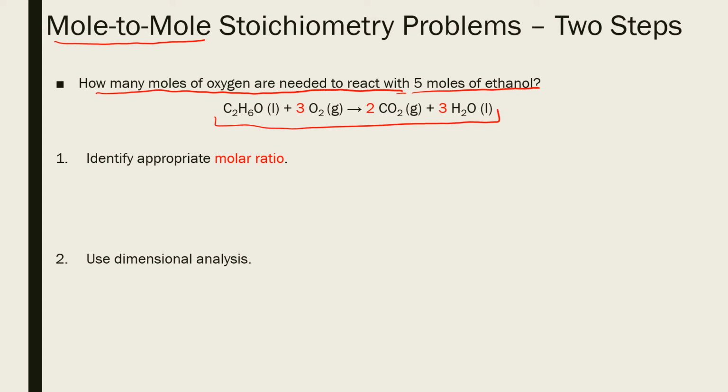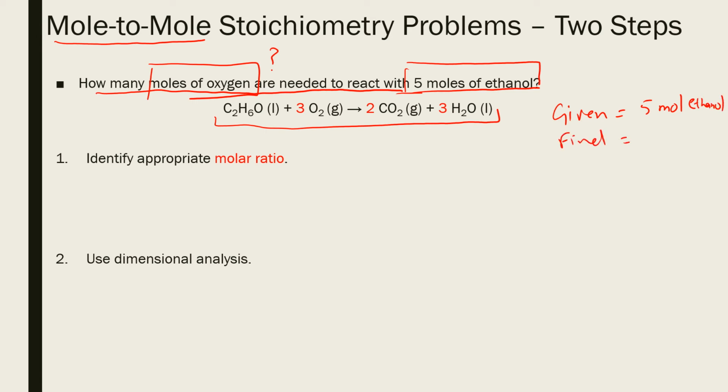In the problem, we are trying to find the moles of oxygen, and we are given moles of ethanol. So given 5 moles ethanol, find the number of moles of oxygen, right?